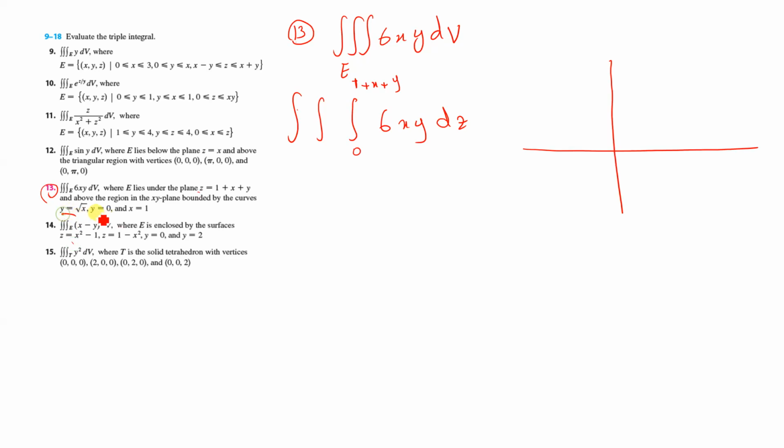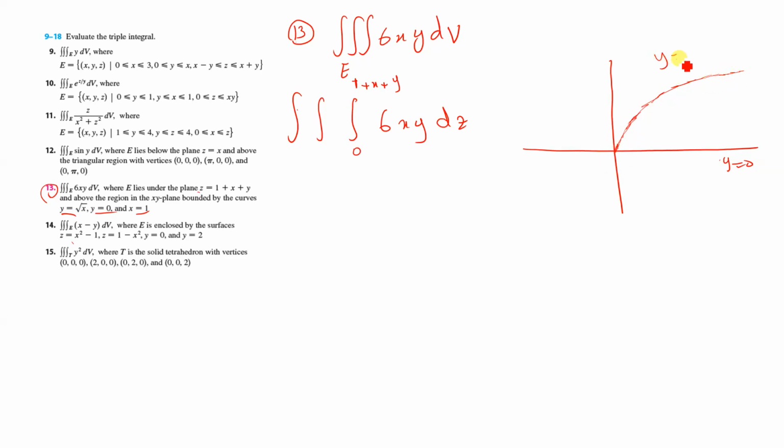So these are the curves on the xy plane. Let's draw these. y is equal to 0 is the x-axis, this is the line y is equal to 0, and y is equal to square root of x is the branch of the parabola which lies above the x-axis.